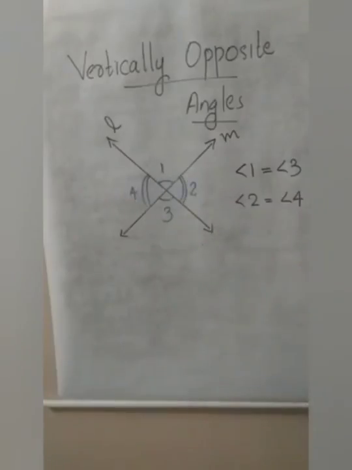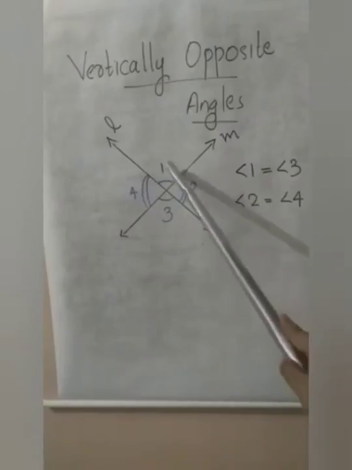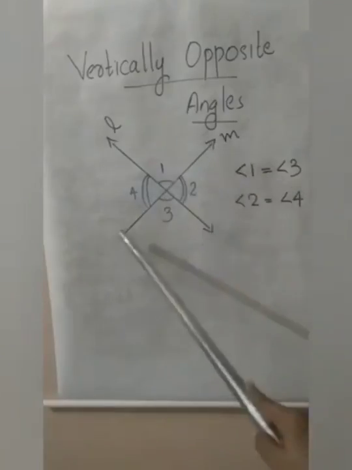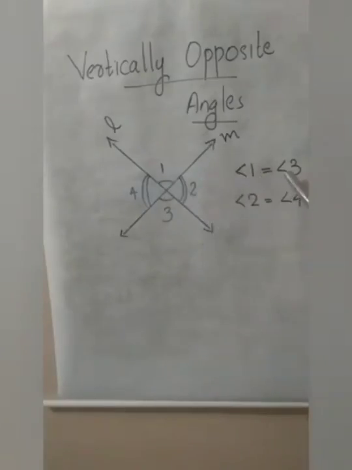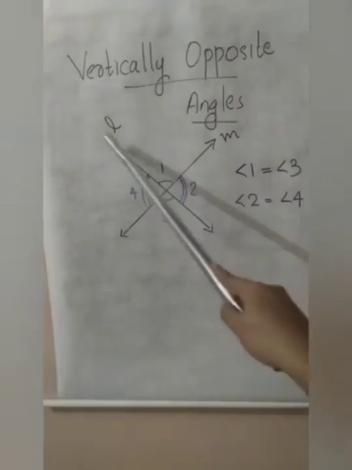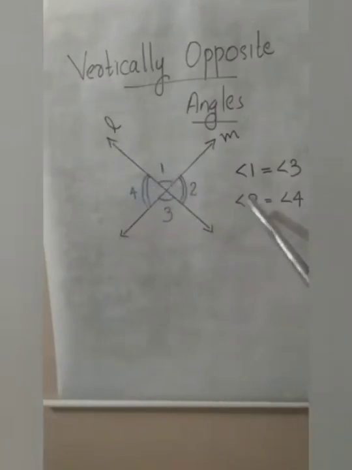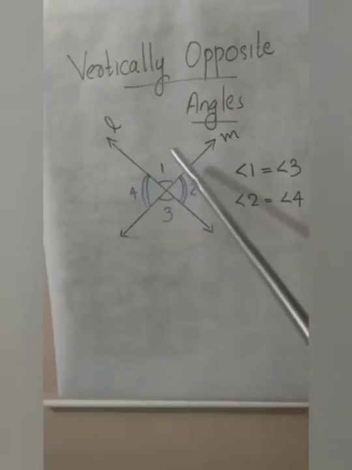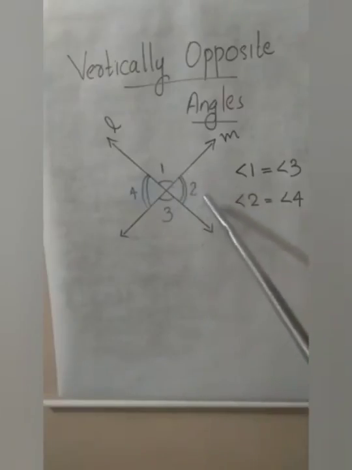The vertically opposite angles are angle 1 and angle 3, so angle 1 equals angle 3. Next, angle 2 and angle 4, so angle 2 equals angle 4.